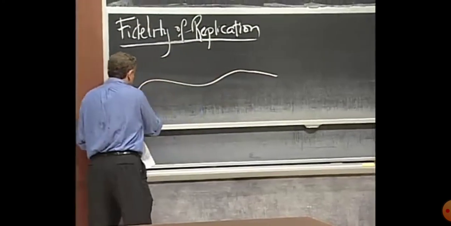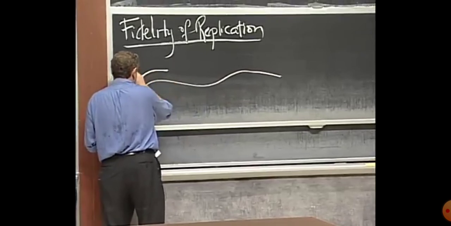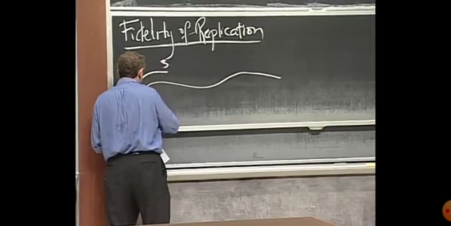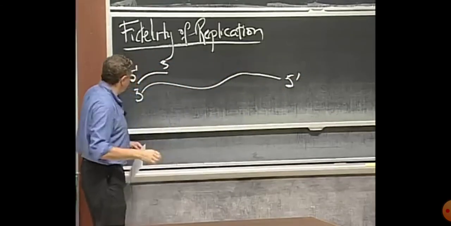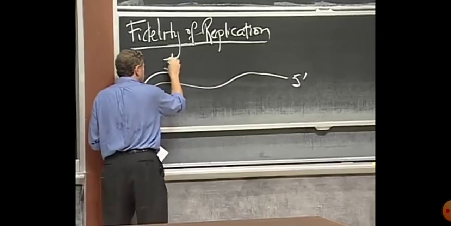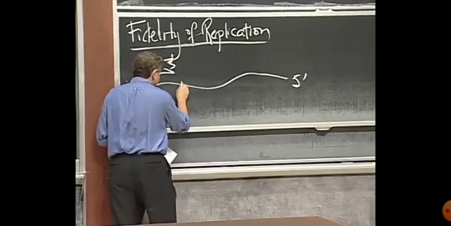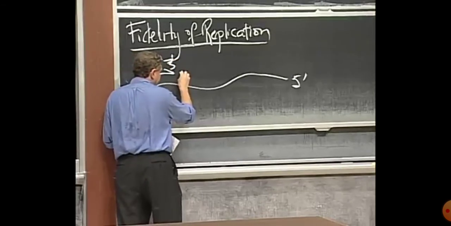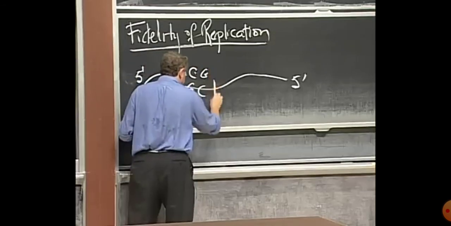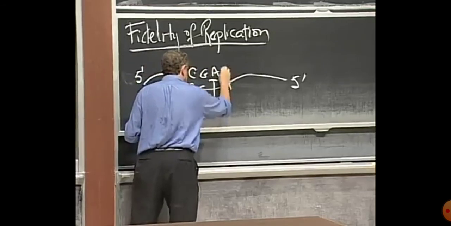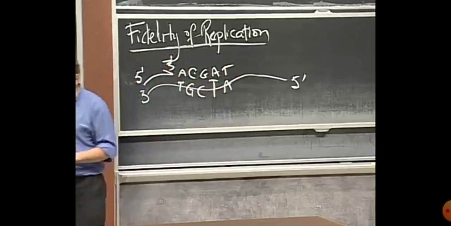Which direction do we go? We go, for this template, 5' to 3'. This way goes 5' to 3', the opposite direction there. Now, if this is a T, what do I add in? If it's a G, C, G, T, A, T, etc. Why does the right base go in?